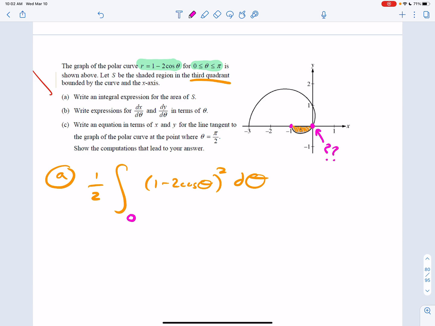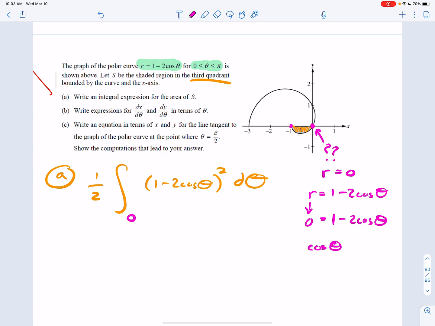Okay, notice how the radius is at 0 right there. r is equal to 0 at that moment. So what you can do is you can set your equation 1 minus 2 cosine theta equal to 0 because that's the moment where the radius is 0. This one is simple enough to solve by hand.